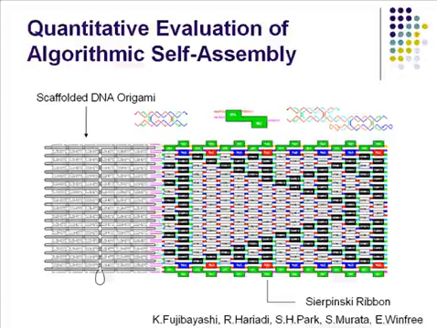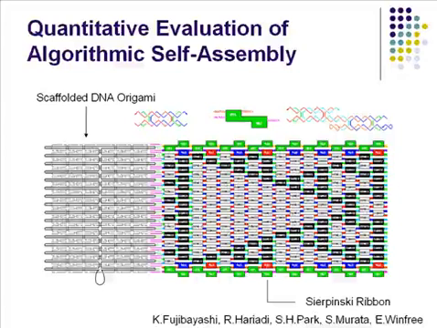Here we have 7,000 base pairs for the scaffold DNA origami and 200 kinds of staple strands woven in the origami, and seven kinds of tiles. So all of those DNA materials are mixed in a tube and annealed. Then we'll have this kind of structure.